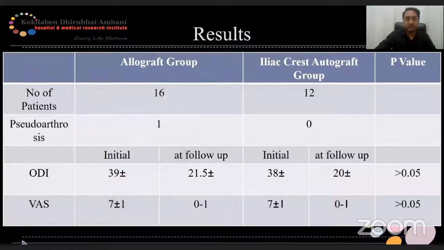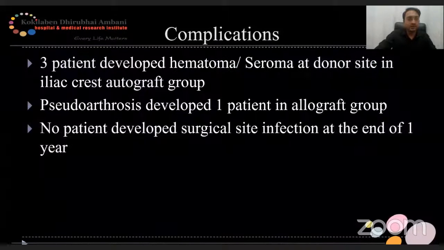In results, we found that there was no statistically significant difference between the allograft group and the iliac crest autograft group in terms of ODI scores and VAS scores at the end of 12 months. 3 patients from the autograft group developed hematoma at the iliac crest donor site. Pseudoarthrosis developed in 1 patient in the allograft group.